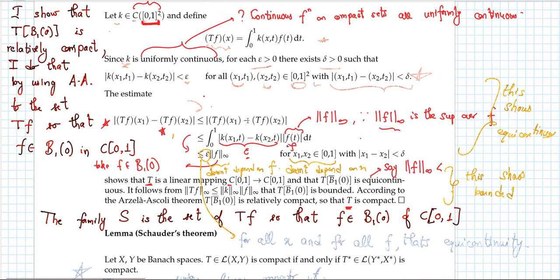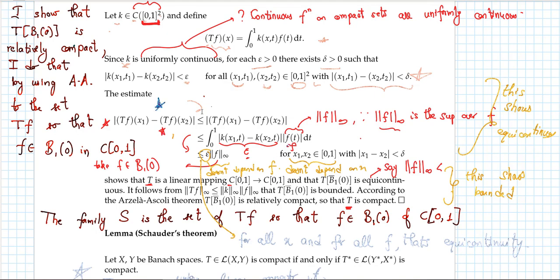Next, for all such f in a ball of radius 1 centered around 0 in C[0,1], this norm of T(f)(x1) minus T(f)(x2) is less than epsilon, and it is independent of f.